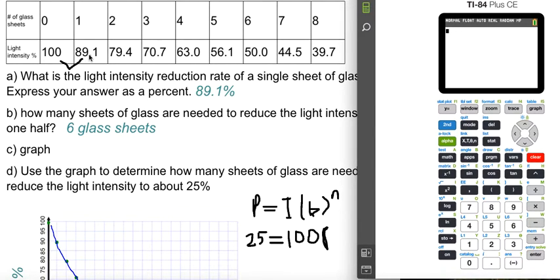It should be the one after divided by the one before. So 89.1 divided by 100 gives me approximately 0.89.